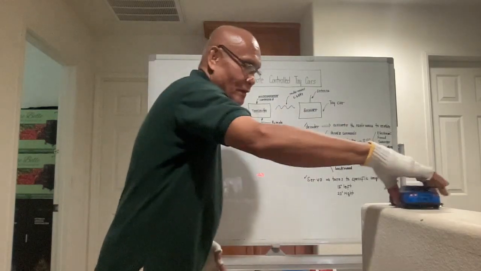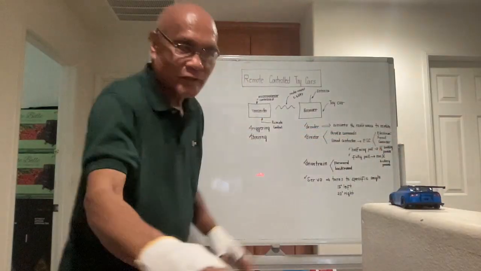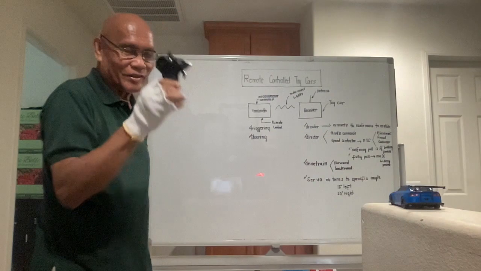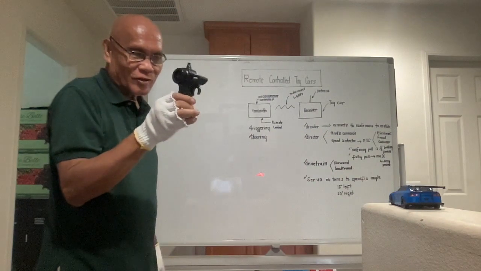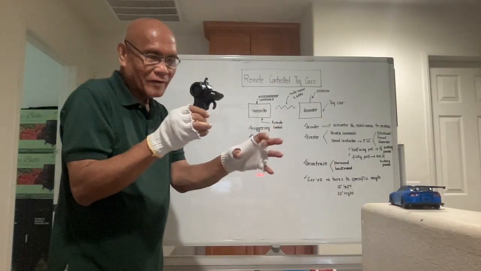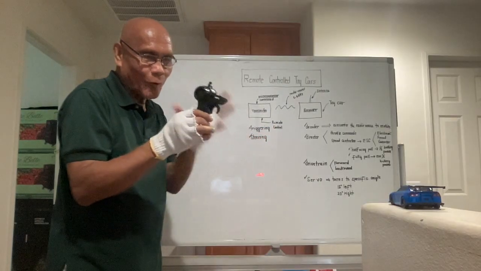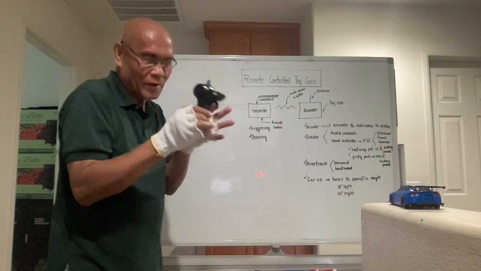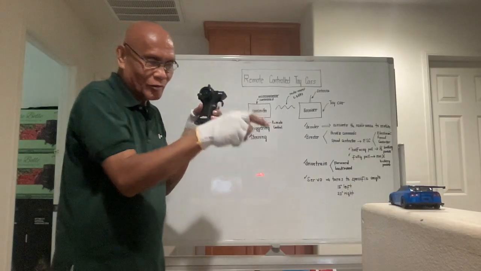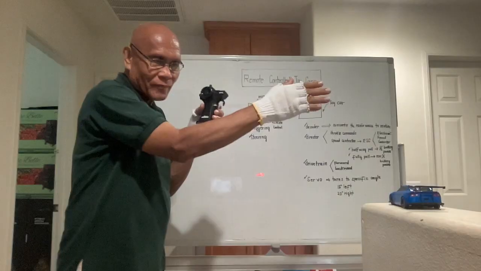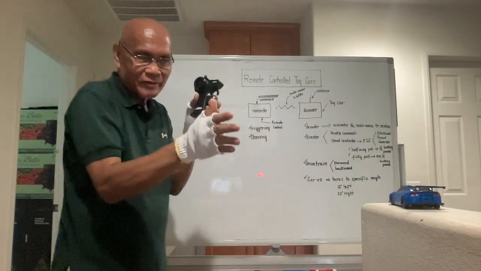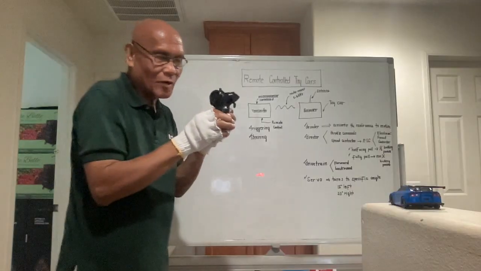And the transmitter is actually this one here, because this is where we operate the toy car by depressing some buttons, if we would like that toy car to move forward, backward, turn left, then turn right. This is how it operates.